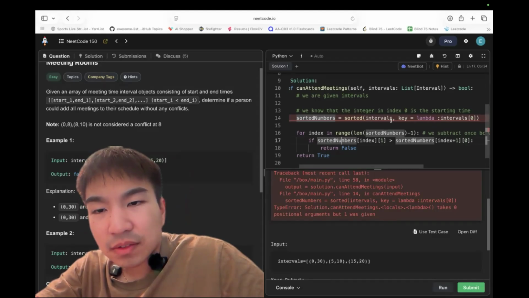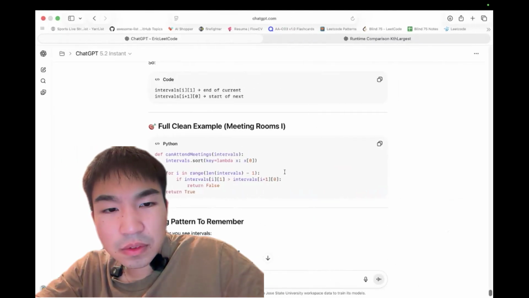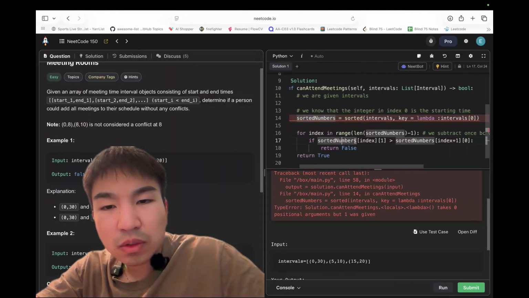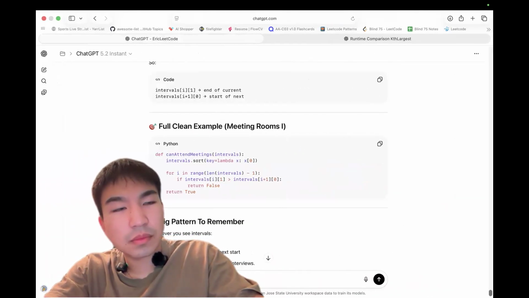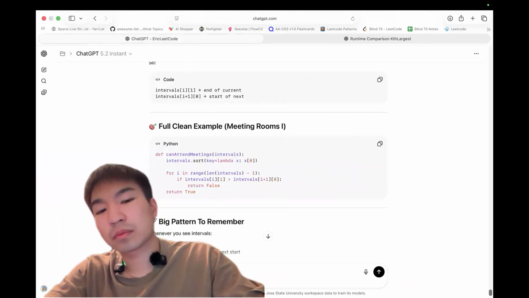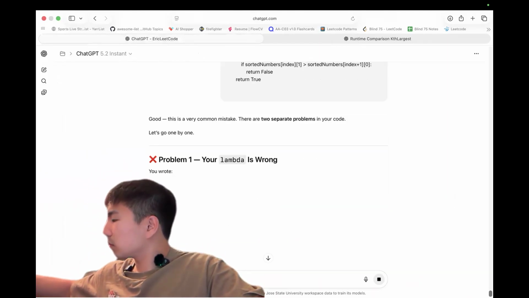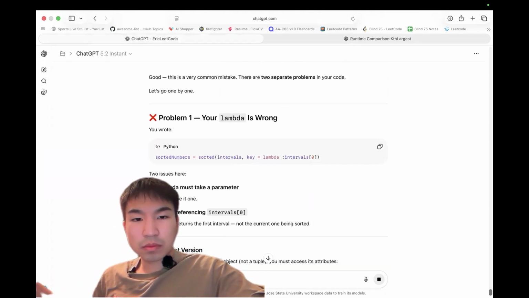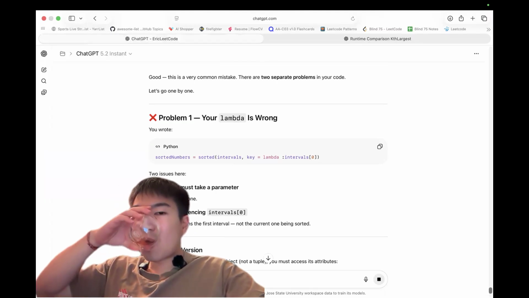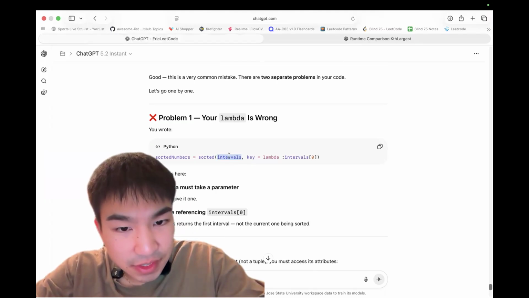We want to sort the intervals. I don't know what's wrong here. That's what intervals is, right?